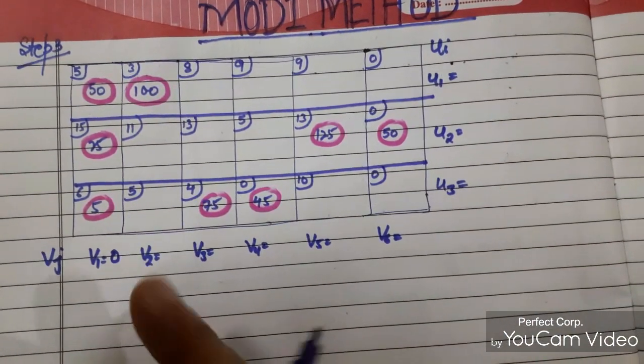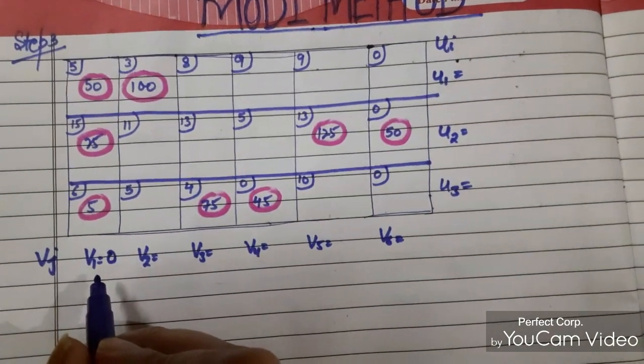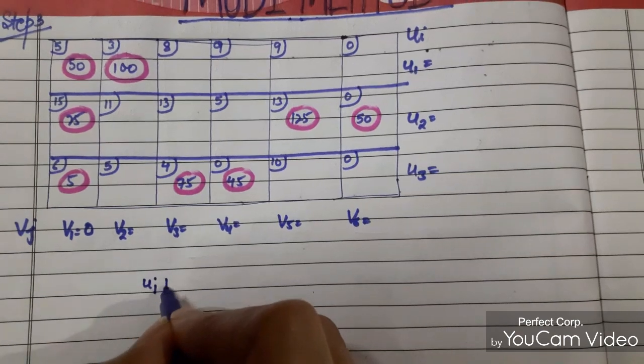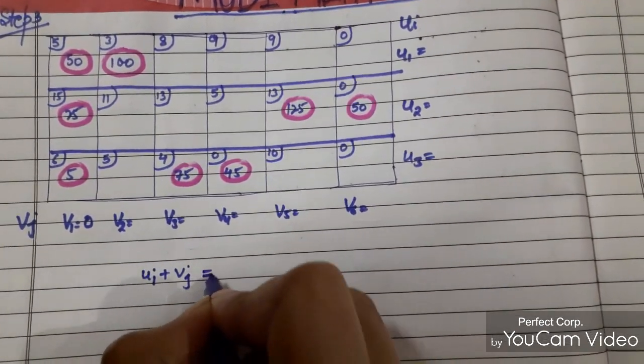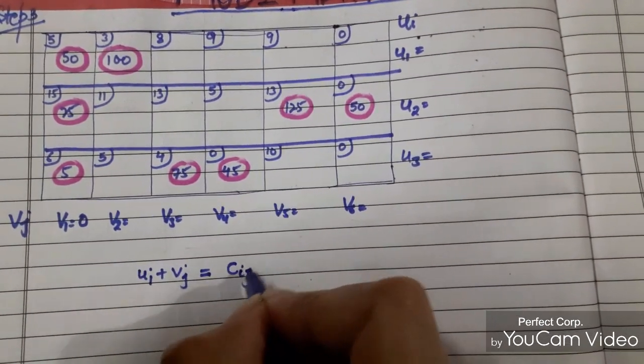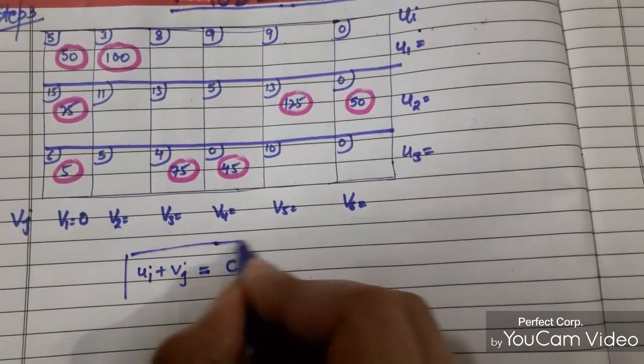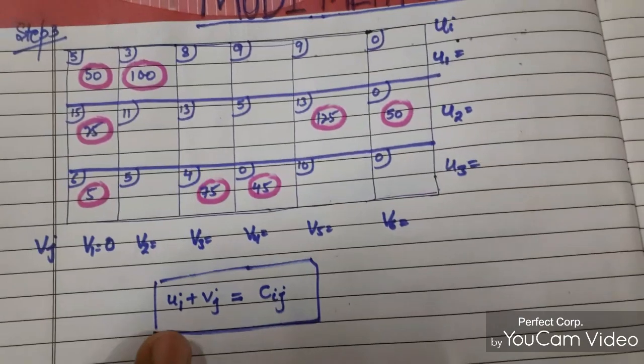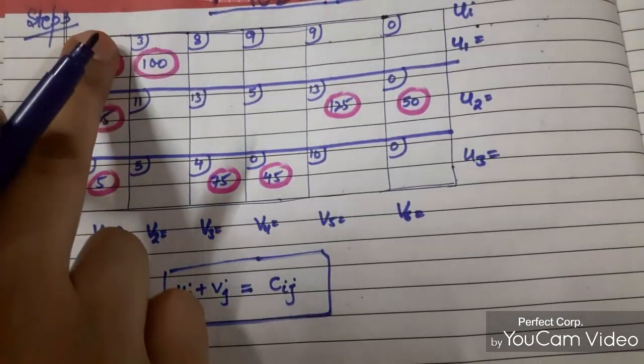Since we know that the sum of ui plus vj is equal to cij, we will use this formula to calculate all the values of ui and vj.